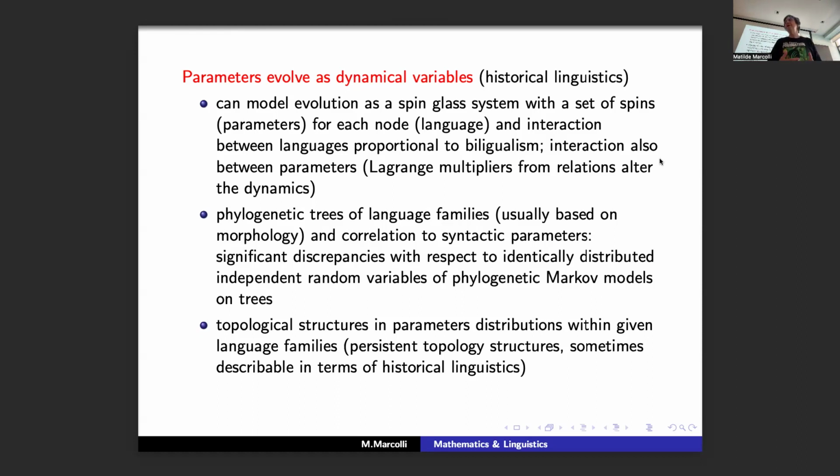Some of them might be noise in the data, but there's evidence that some of the interaction that happened historically across languages is reflected in something more than the evolution along trees.